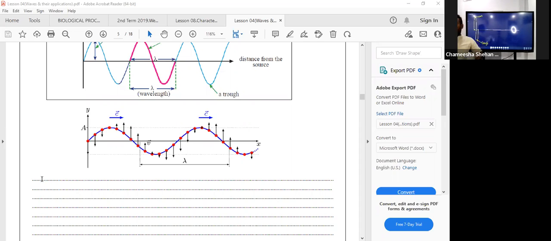So let's generally write the definition also, and then we will specify how it relates to the transverse wave. Amplitude: the maximum displacement.